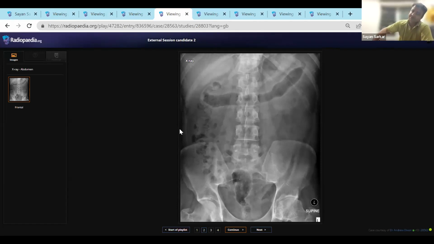So what are your differential diagnoses? So I'm thinking it could be related to ulcerative colitis because it has sort of a lead pipe kind of appearance. Okay.